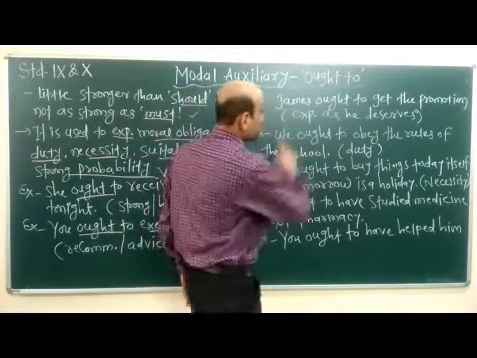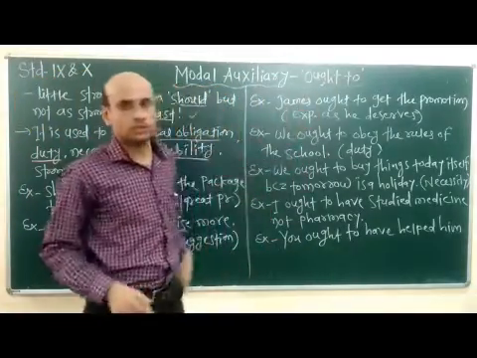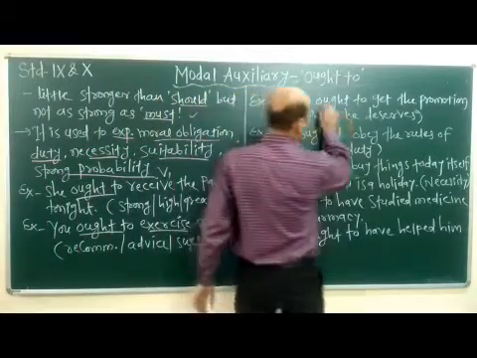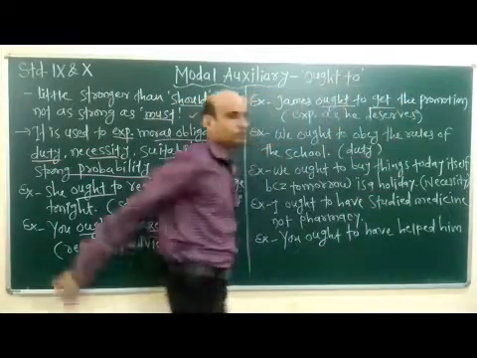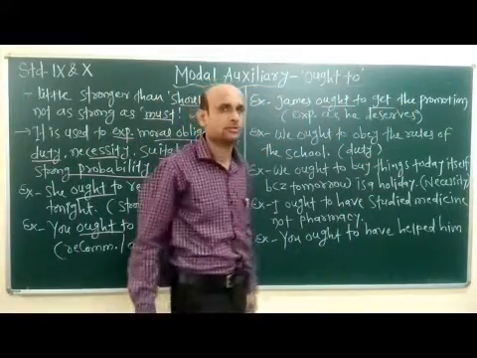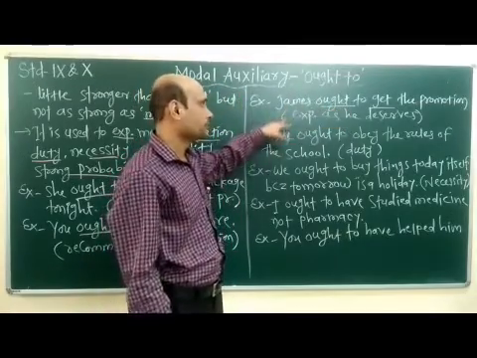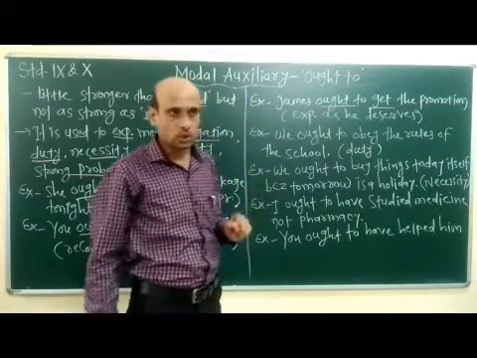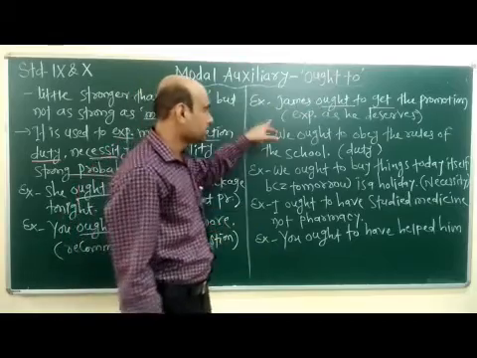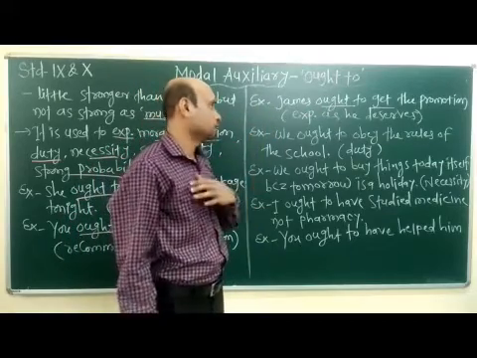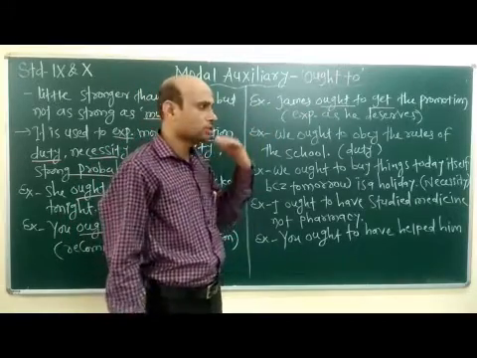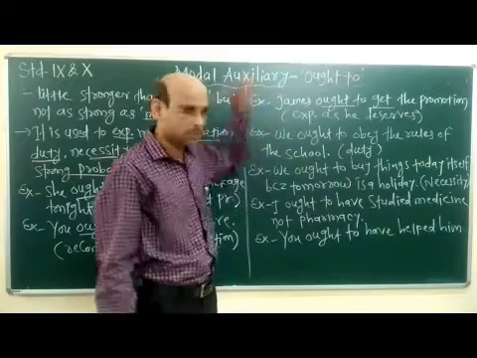Next, James ought to get the promotion. Ought to, then the present form or base form of the main verb. So, James ought to get the promotion. See now what it shows: it is expected, as he deserves it. We are expecting it because James deserves the promotion.